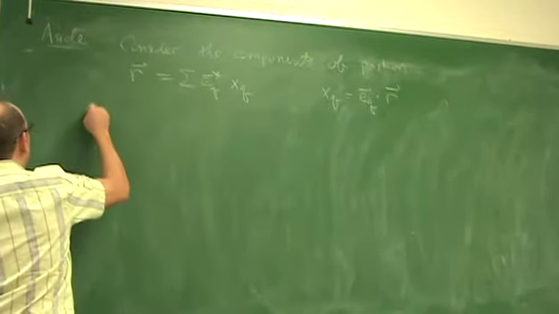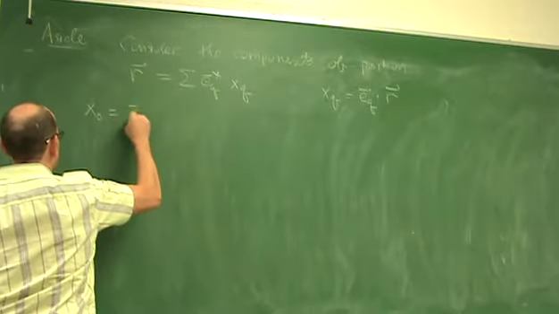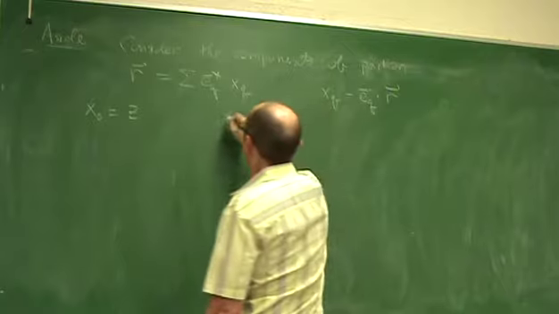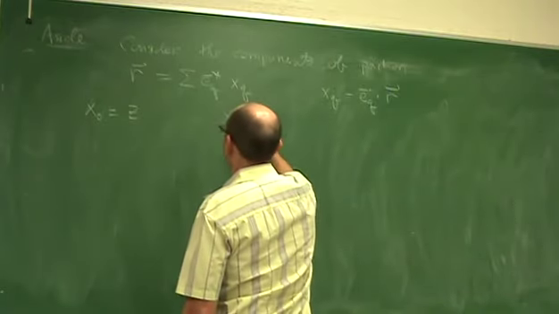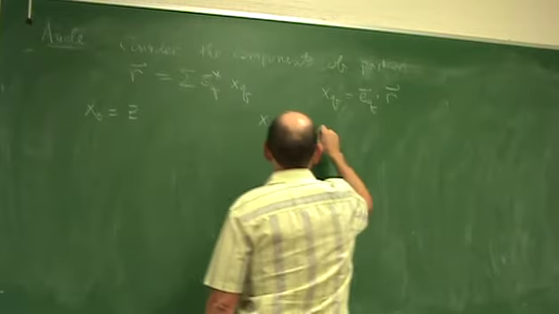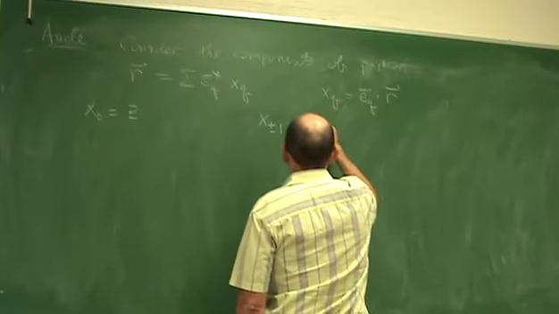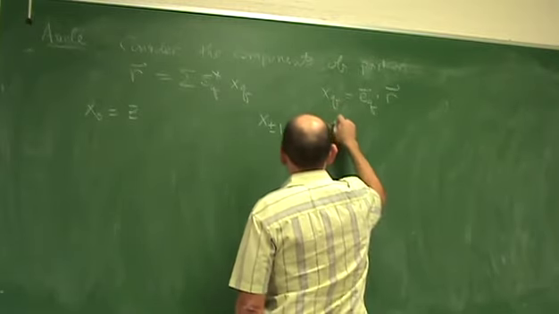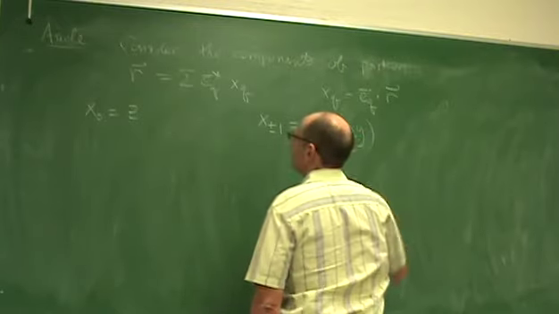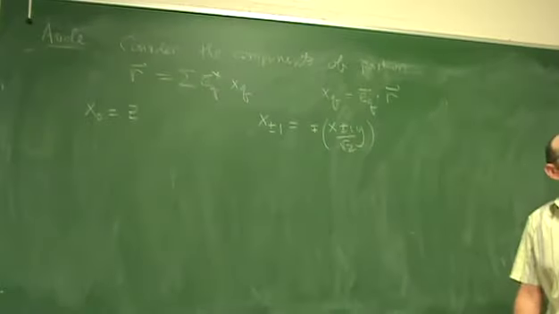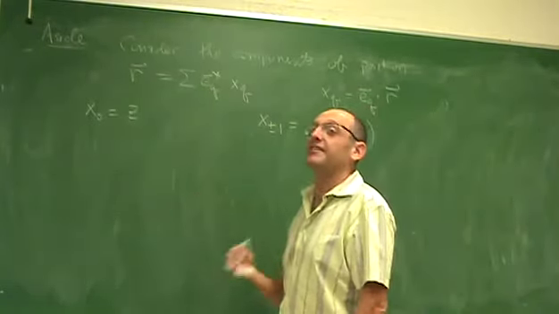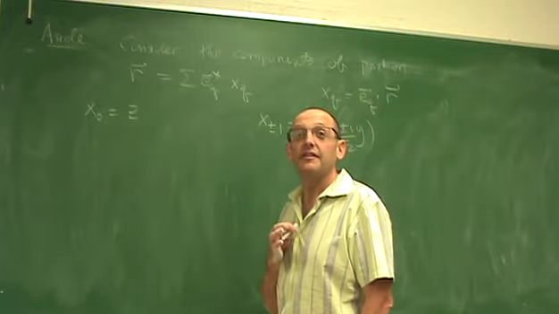So x_0 is just the z component, and x plus or minus 1 is equal to minus plus x plus or minus i y over root 2. Now let's re-express this in spherical coordinates.